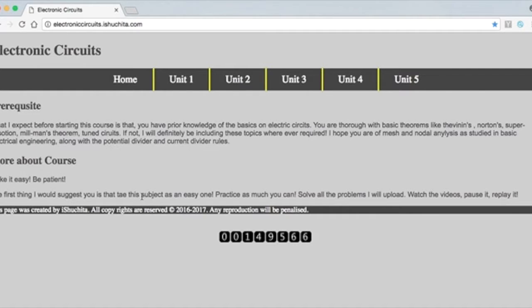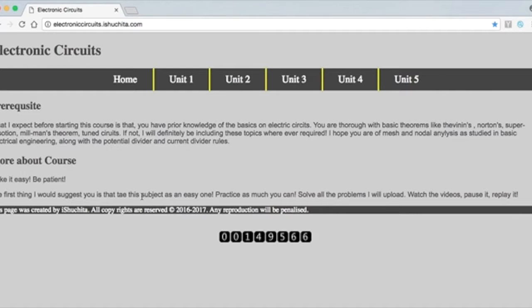Another important thing is that I want you to know the basics of electric circuits. You should be thorough with the Thevenin's, Norton, and superposition theorems because they will be used in later units. Even if you are not thorough with the topics, or maybe you have taken this as a new subject out of interest, definitely at some point I will upload these theorems as well.